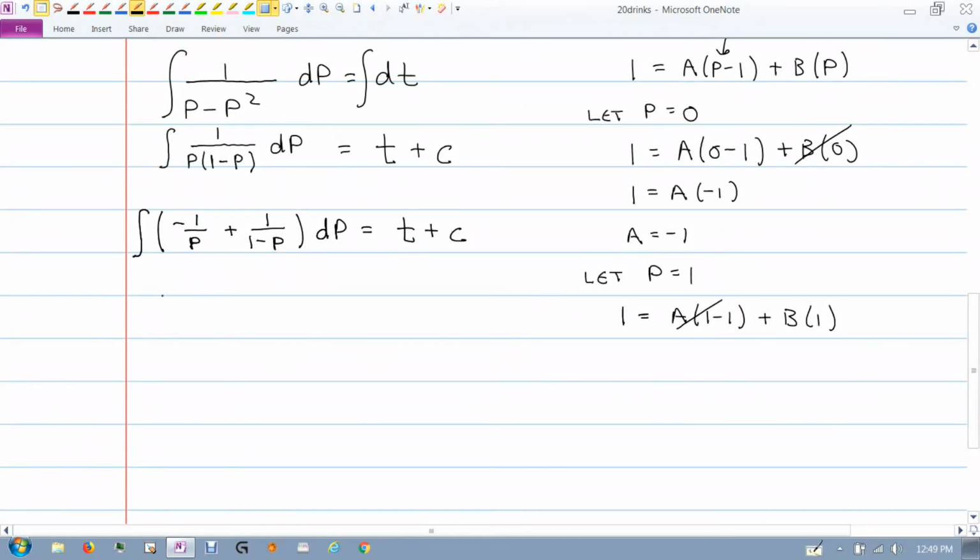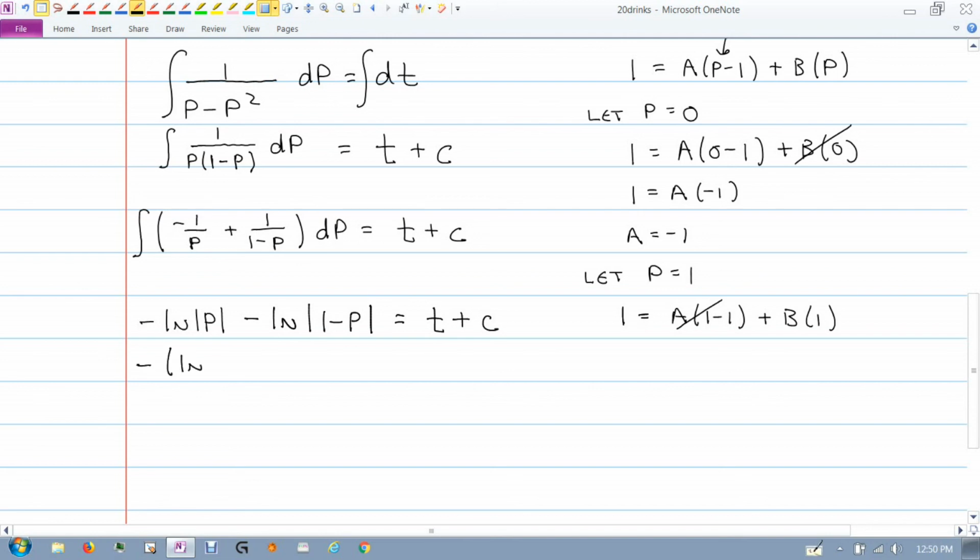Now, we're going to get some natural logs here. So minus natural log p plus, actually it's going to be minus. There's a little bit of chain rule there. Be careful. Minus p like that. And then we already took care of the constant on the other side, so no worries about that. And let's factor out a negative.